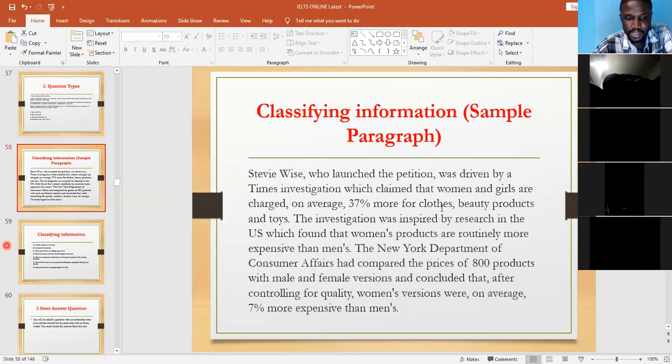As a matter of fact, I want to cut it short because that was the only name that was mentioned. Who launched the petition was driven by a Times investigation, which claimed that women and girls are charged on average 37% more for clothes, beauty products, and toys.